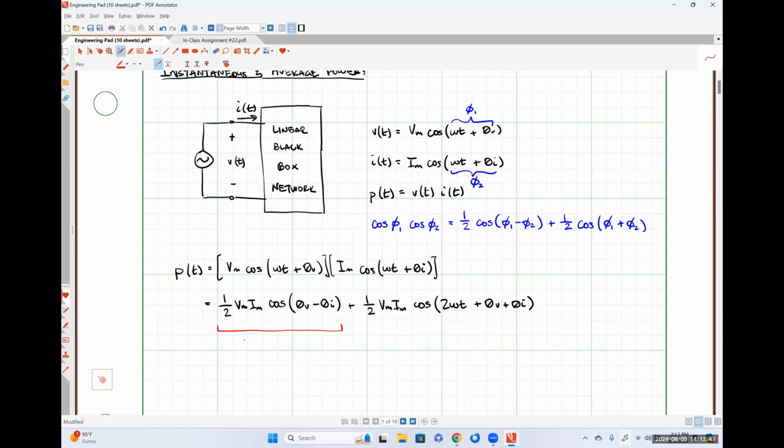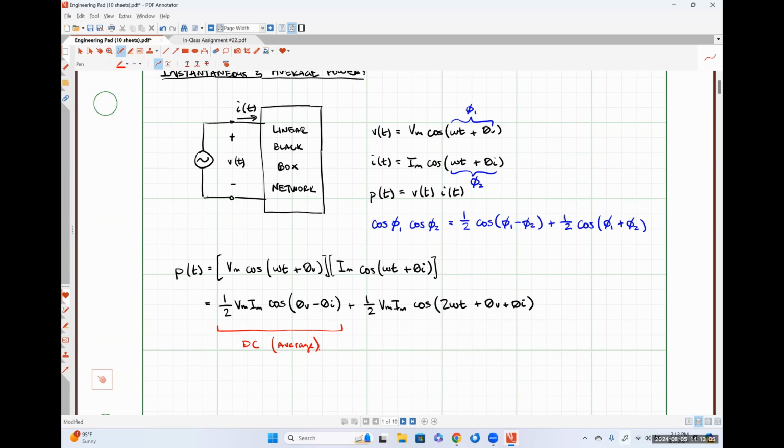So we have some DC portion of our power. And as I mentioned a moment ago, this is literally the average power, because this is the average value of our power signal.